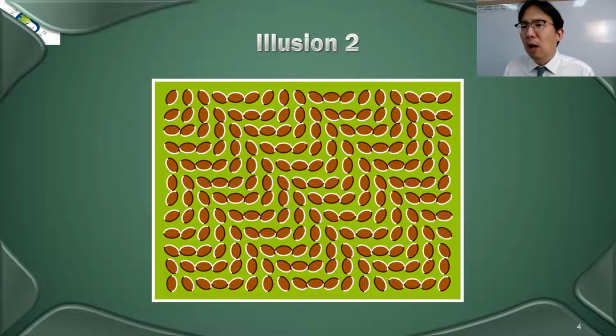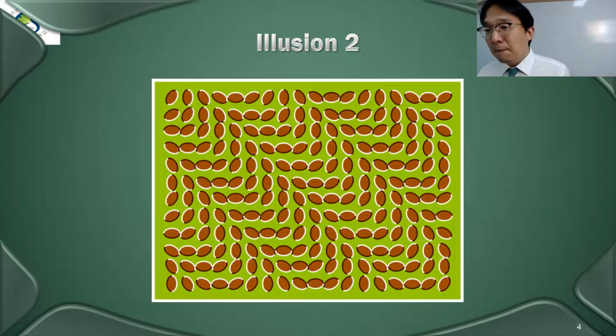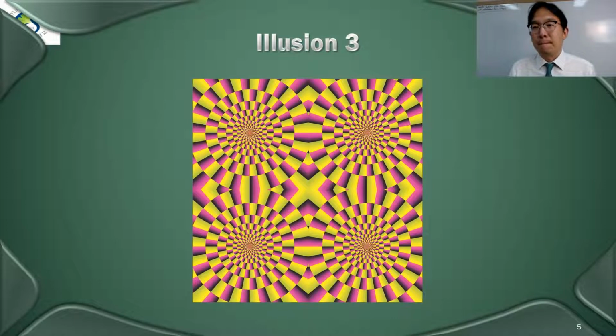It says it's like a flag moving back and forth. And how about this one? Is it a JPG file or an MP4 file? Clearly this is a JPG file, but our brain tells us that it's circling round and round.